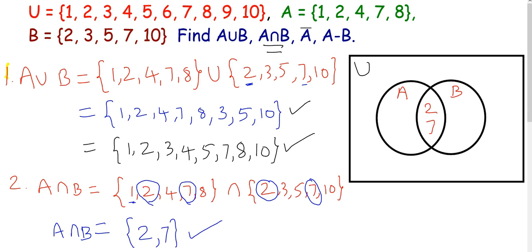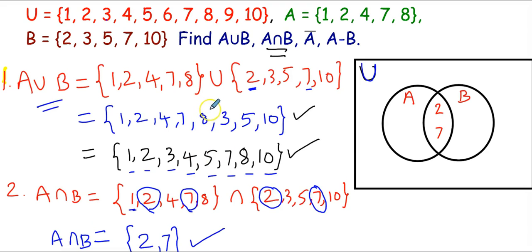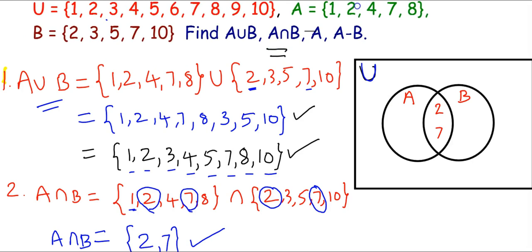And this set A has 1, 2, 4, 7, 8. So out of 1, 2, 4, 7, 8, this 2 and 7 are cancelled because you already considered them in the common area. Now what is left over? The remaining elements are 1, 4 and 8.